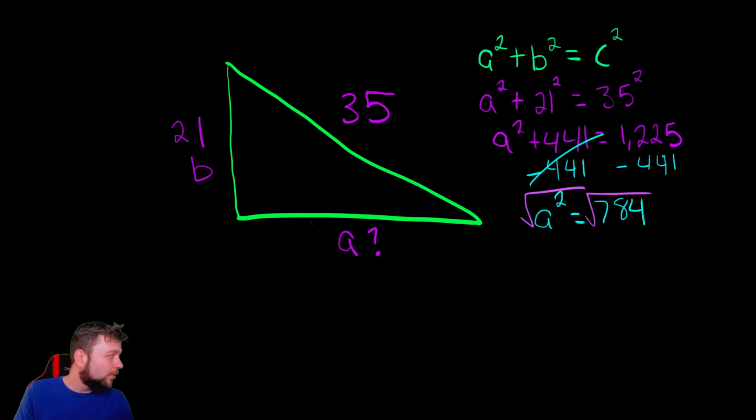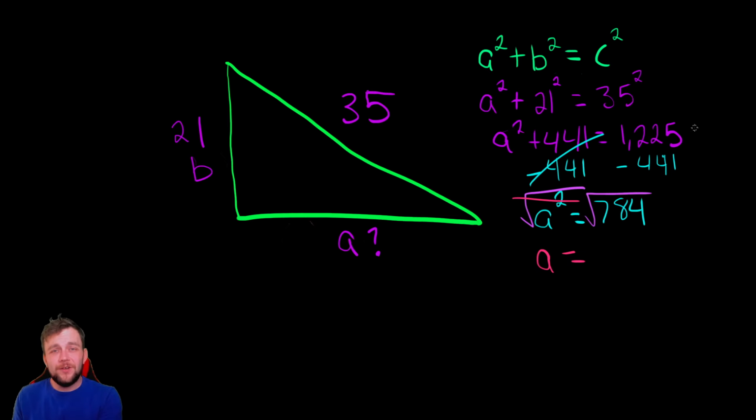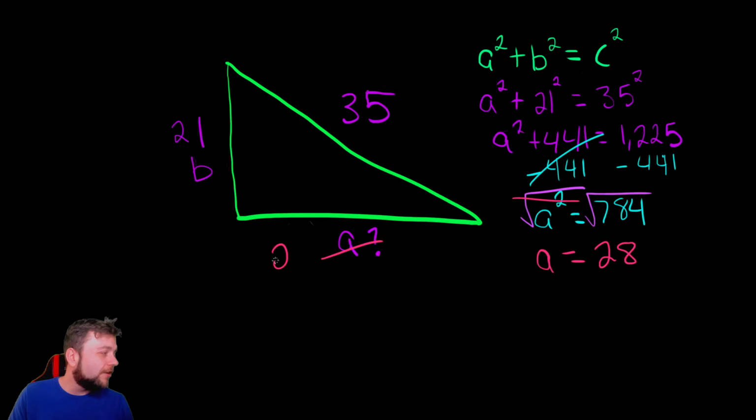You take your square root. That cancels out. And then A equals the square root of 784. And you just do that in your calculator. And that is 28. So A equals 28. So this side here is 28. And we are good to go.